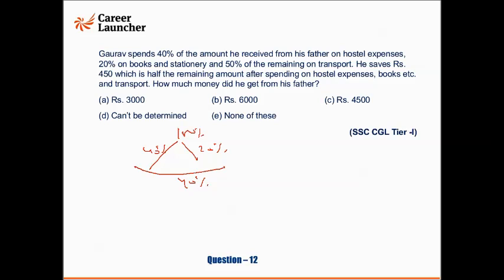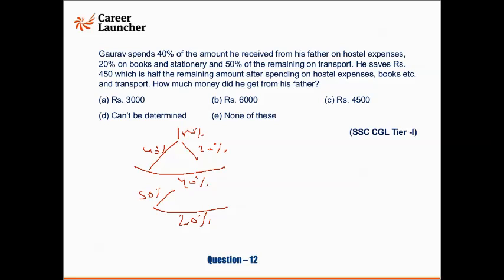Now the question says 50% of the remaining, 50% of this remaining he spends on transport. So the remaining will be 50% of this 40%, that means half of this 40%, correct? That is, 20% is remaining only.